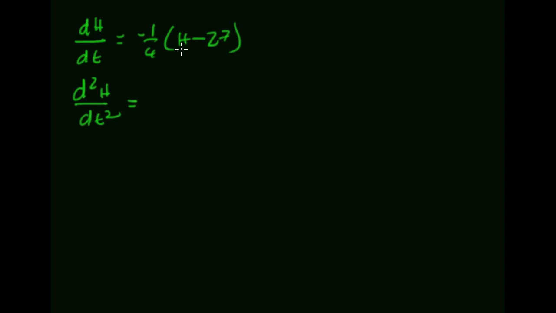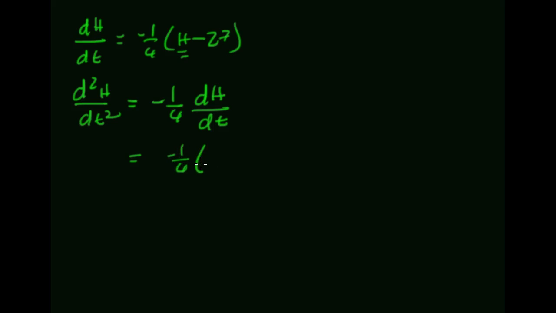All right, so problem B asks, is this an over or an under approximation? It says use the second derivative to do that. So the first derivative with respect to time is -1/4 times h minus 27. So the second derivative with respect to time, remember this is implicit because this is an h, not a t, is -1/4 times dh dt.